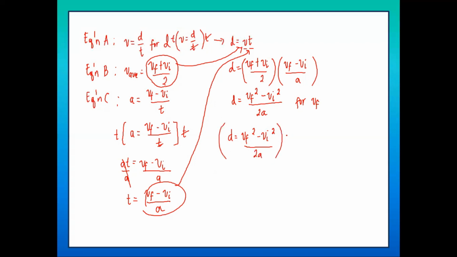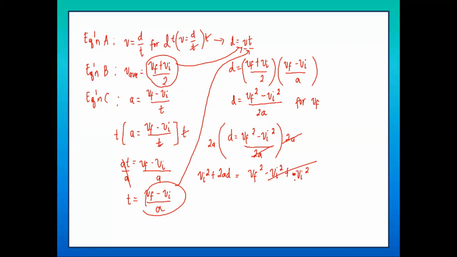Multiply natin in both sides by 2a to cancel this one. So, multiply natin to, that becomes 2ad is equal to v sub f squared minus v sub I squared. Okay? So, moving on, dahil kay v sub f tayo after, may katabi siyang negative v sub I. To remove this from this side, we have to add v sub I squared to both sides. Same variable, right? So, cancel this one. Okay?